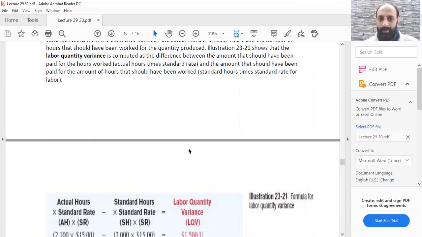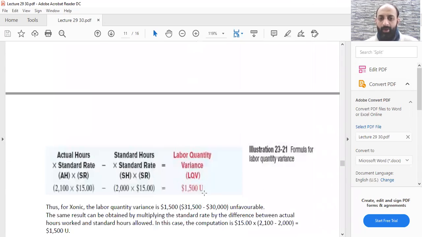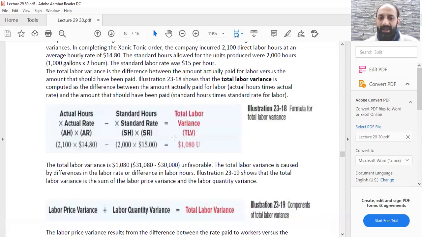So when you subtract 420 from 1500, you will get 1080, which will be unfavorable. Why? Because the unfavorable calculation is bigger than the favorable calculation. ये reason है, ये logic है behind figuring out whether it is unfavorable or favorable.